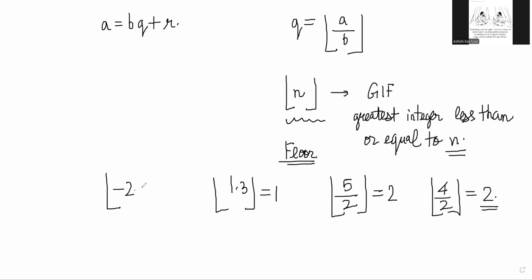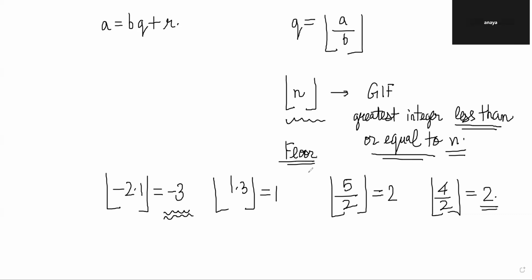The floor of minus 2.1 will be what? Minus 3, because it has to be less than or equal to n. You cannot put negative 2, since negative 2 is greater than this.